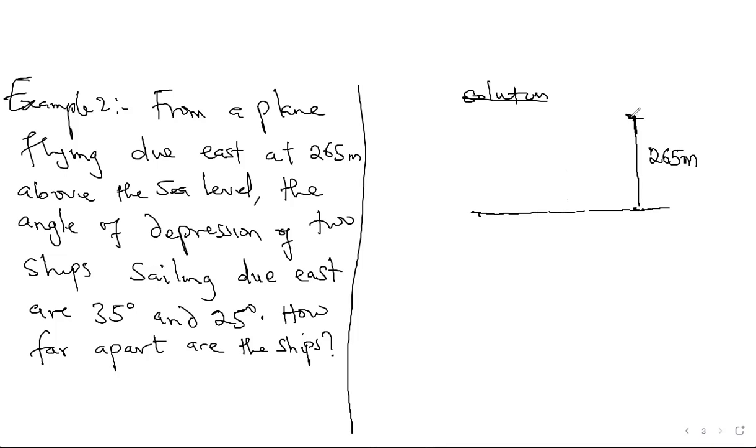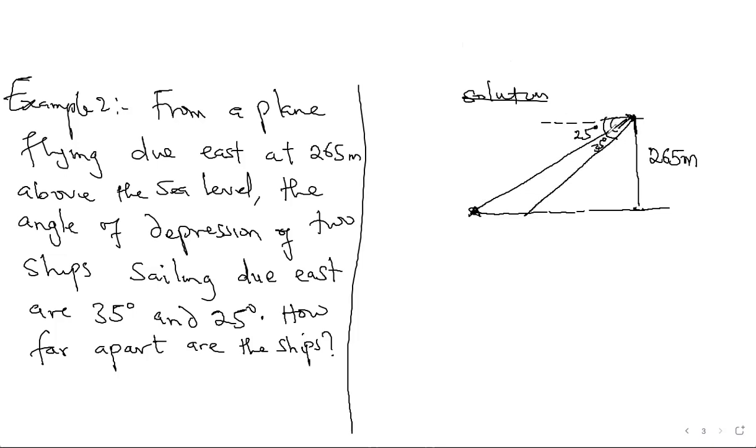25 degrees. So the angle of depression will be the angle 25 degrees for the first. So let's say the first ship is here, and the second ship, the angle of depression is 35 degrees. 35 degrees here.